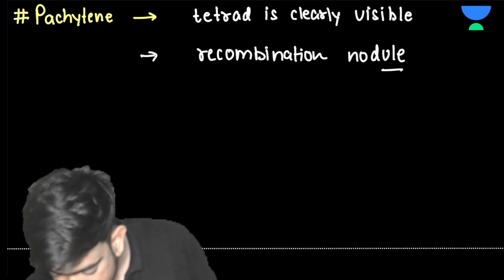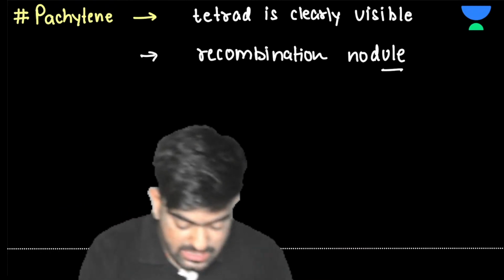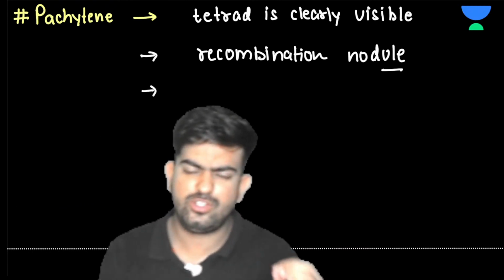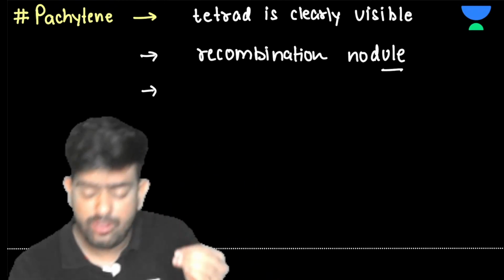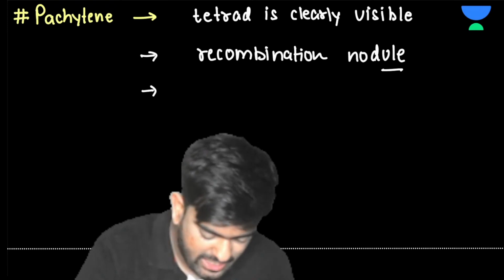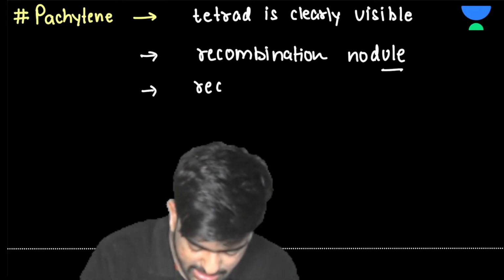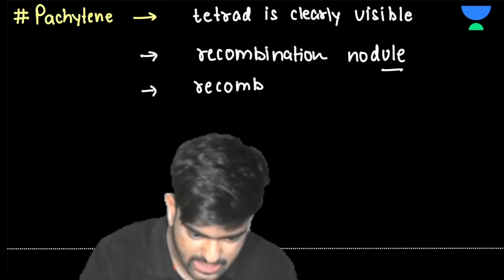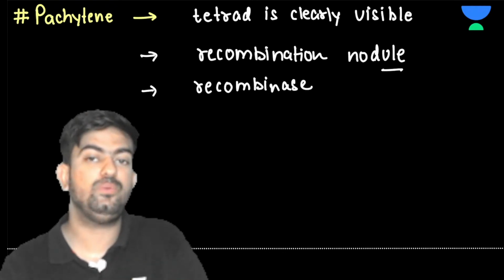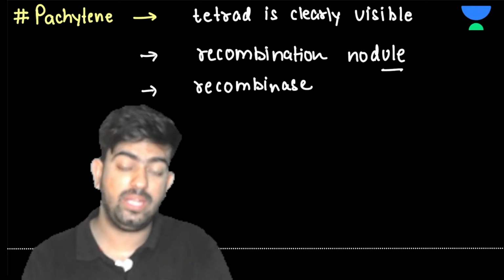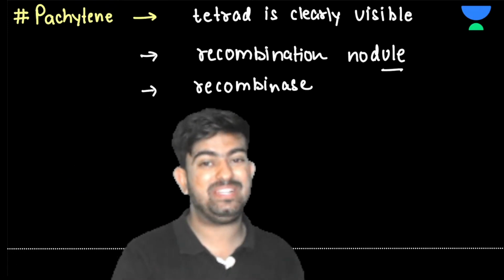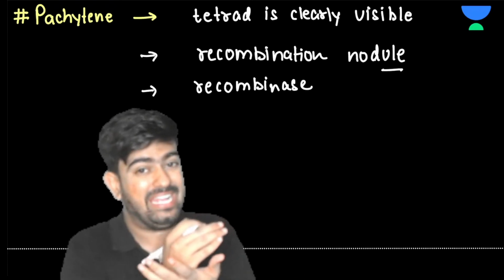Now we have the enzyme. What enzyme did we discuss right now? Everyone, fast. It was the recombinase enzyme. And this recombinase enzyme is basically an endonuclease. That means it is going to cut the DNA.